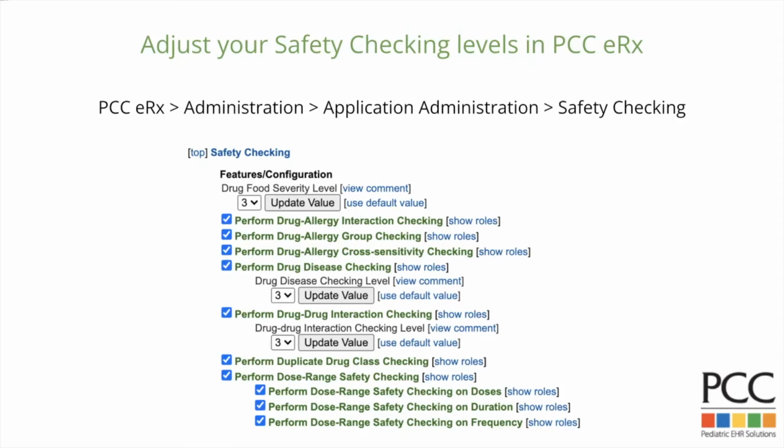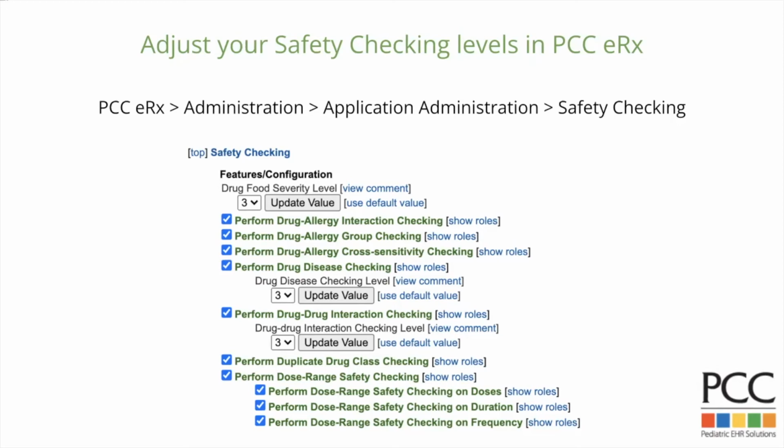If you've got an allergy for amoxicillin on your patient's chart and you try to prescribe them penicillin, depending on what your settings are, you're going to see a little proactive alert. Those are the colorful bubbles you'll see off to the left-hand side in the search results. Those you can push past. You can click on them if you want, and it'll tell you a little bit more about that interaction, but they ultimately don't stop you from prescribing. Then you'll start entering the information on the prescription and you go to send it off to the pharmacy.